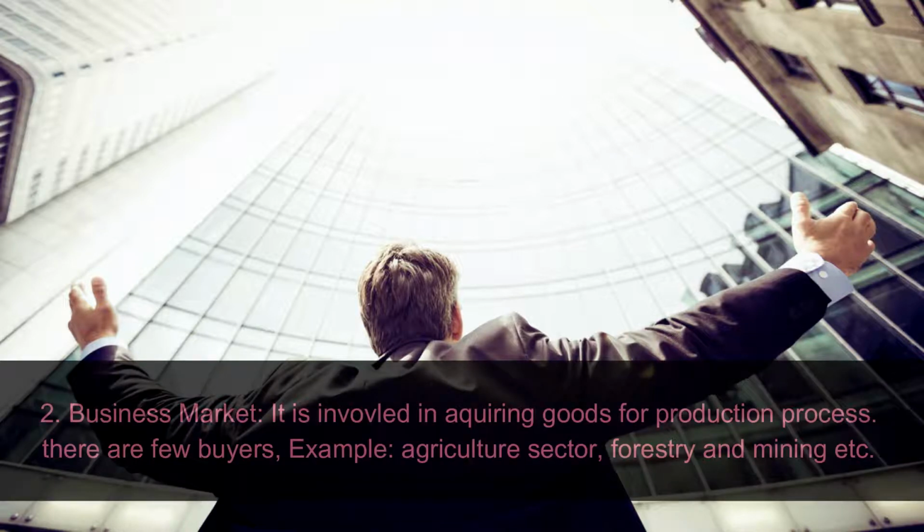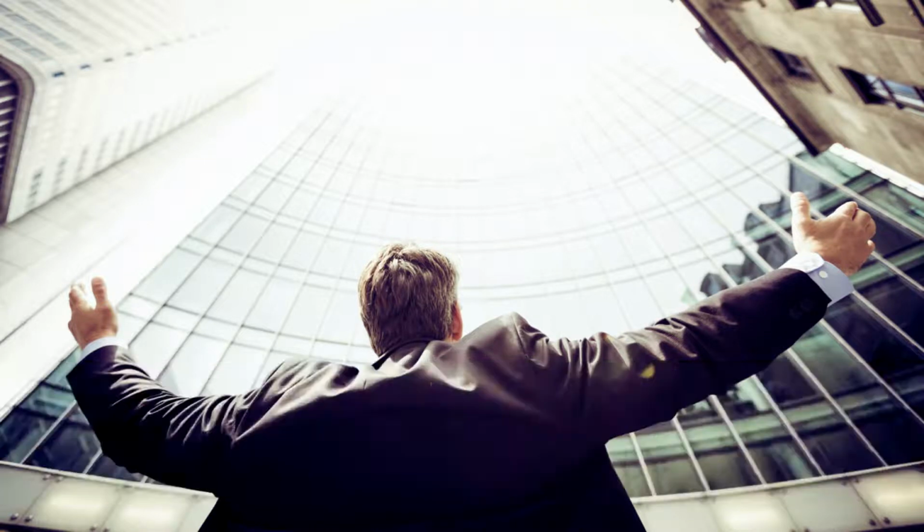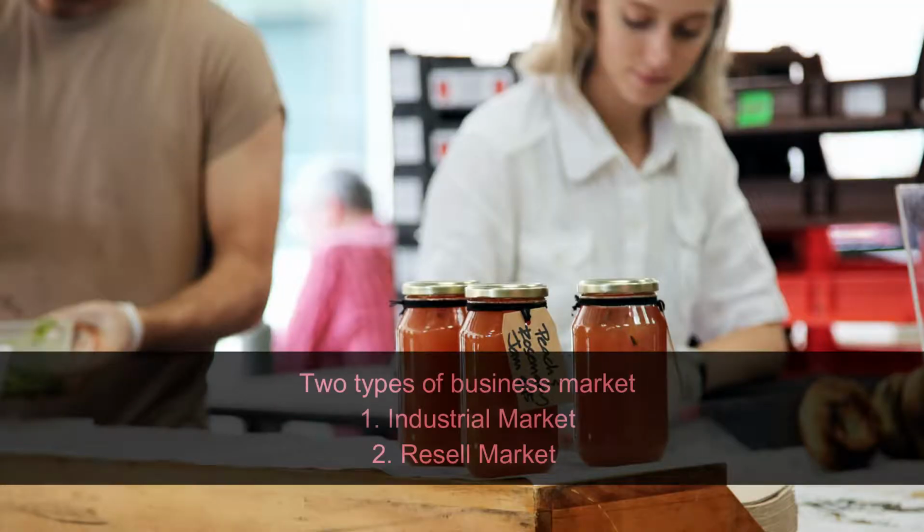The business market is involved in acquiring goods and services for production, and sometimes they also deliver products and services that are sold, or rented and supplied to others. There can be 2 types of business market: one is the industrial market, and the second is the resale market.